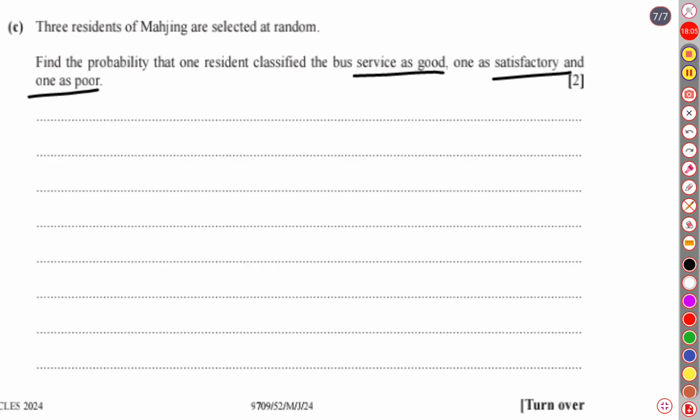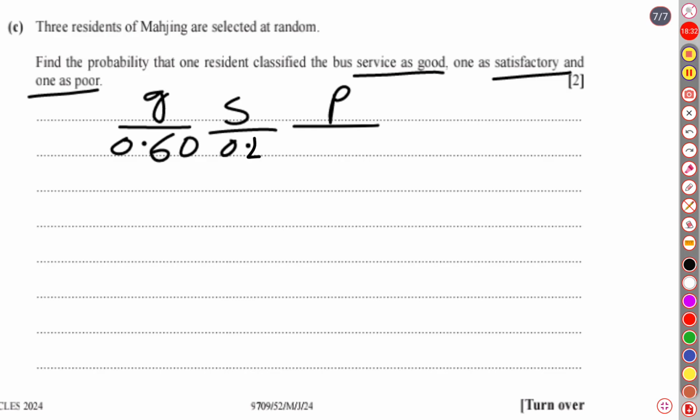So we can write probability equal to, let us find the percentage for good, satisfactory, and poor. For good, our probability was 0.6, for satisfactory 0.25, and for poor, 0.15 is the probability.